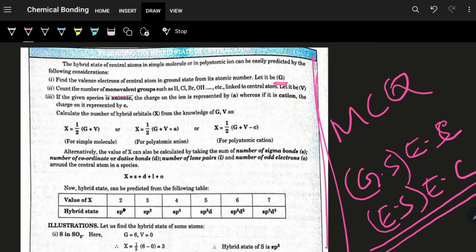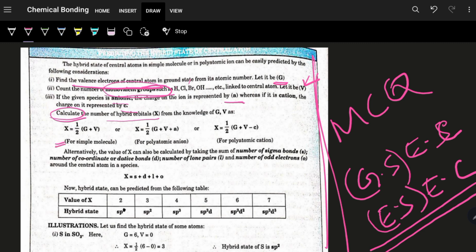Count the number of monovalent groups such as H, Cl, Br. They have a valency of 1. Let that be V, the monovalent atoms. If the given species is anionic, having a negative charge, then it is represented by A. If it is a cation, the charge is represented by C. Now this is how to calculate the number of hybrid orbitals from the knowledge of G, the valence electrons of the central atom, and V, how many monovalent atoms are attached.